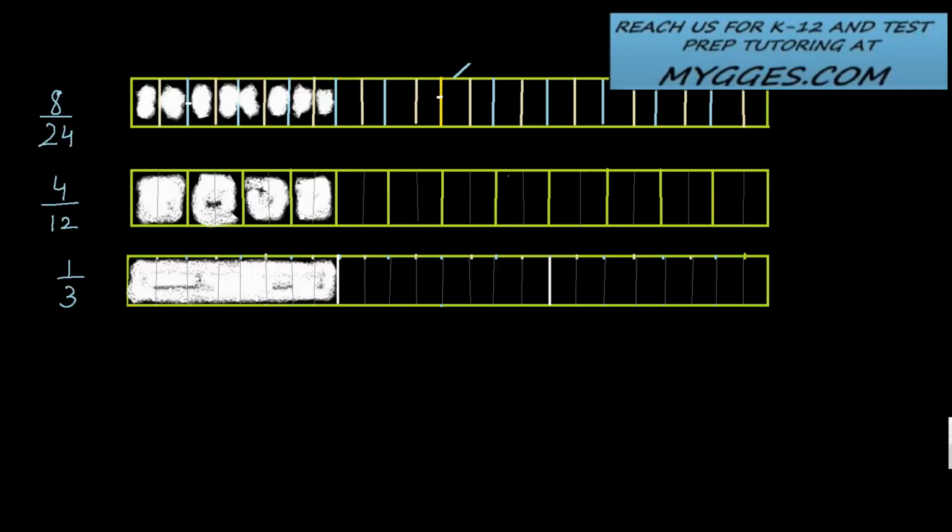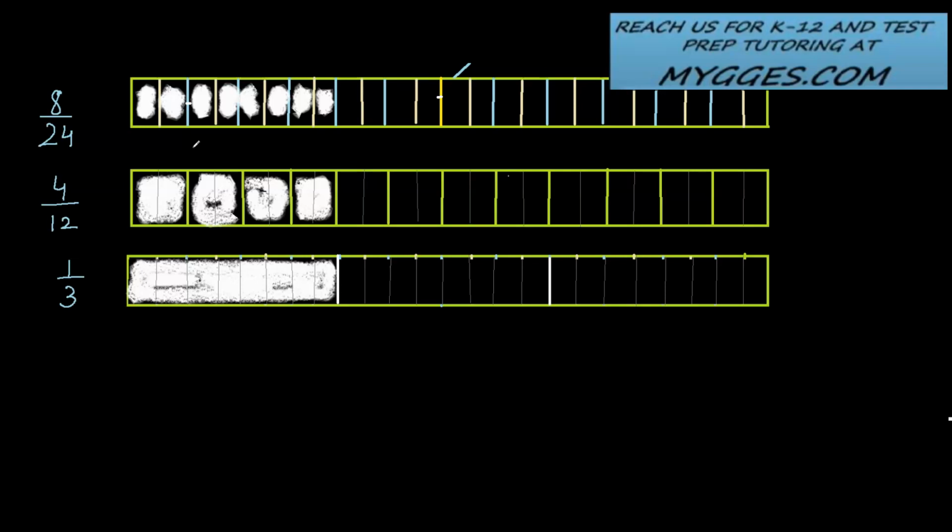Now let's also try to understand reducing or simplifying fractions with the help of figures. Here you can see in the first figure we have a total of 24 parts and 8 are shaded. So the fraction here is 8 over 24.